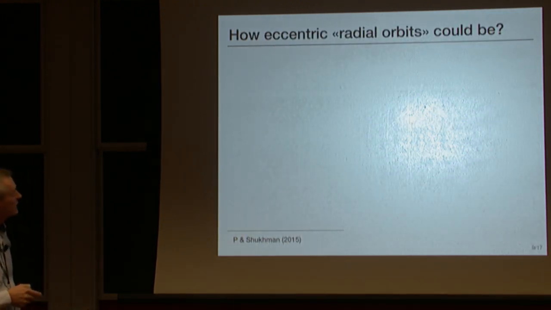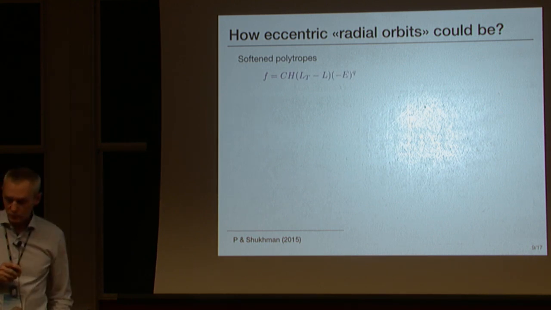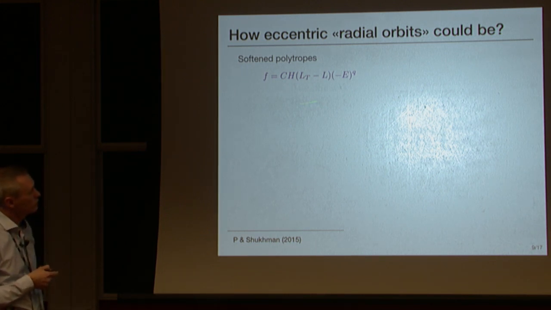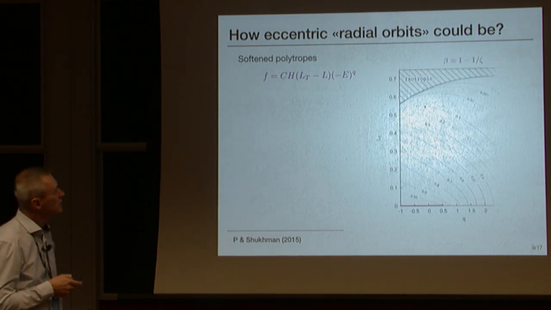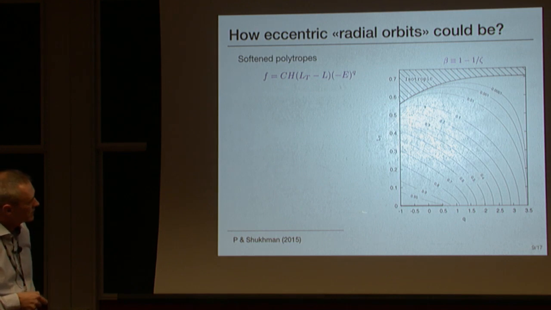So on this slide, I want to show you how eccentric radial orbits could be in the instability. So I use softened polytropes. This looks like generalized polytropes, but instead of a power law for angular momentum dependence, I use a Heaviside function here. So I have this diagram of an isotropy parameter beta. Beta equal to 1 stands for purely radial motion. Beta equal to 0 gives isotropic models here.